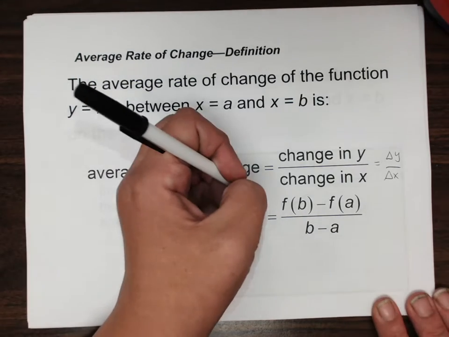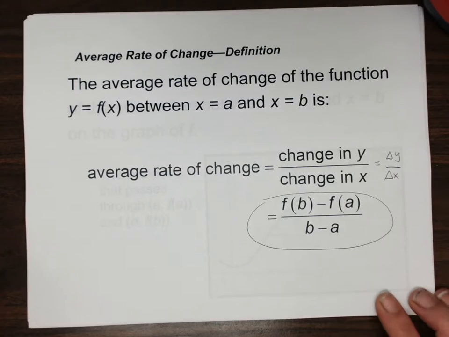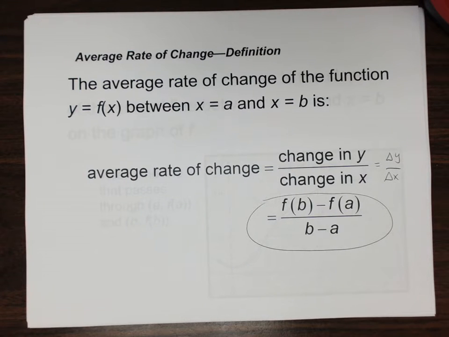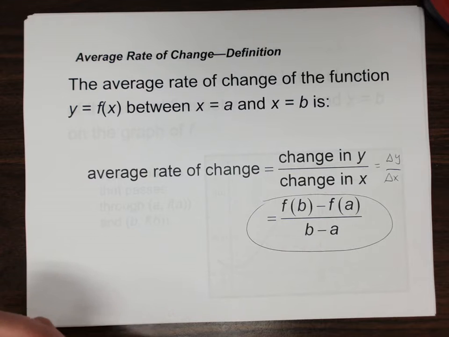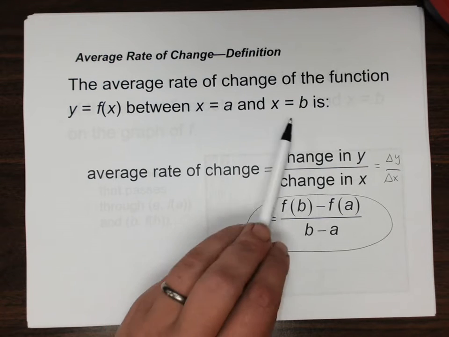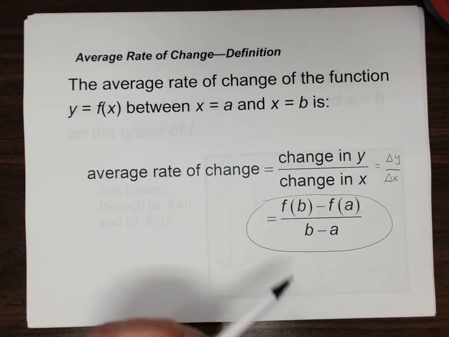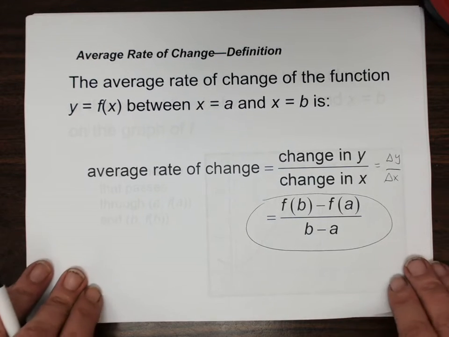This here, though, is our new notation: the average rate of change is the function value of b minus the function value of a, divided by b minus a. And remember that this is just two x values, a and b, and when we plug those x values in, we get the function outputs from them.